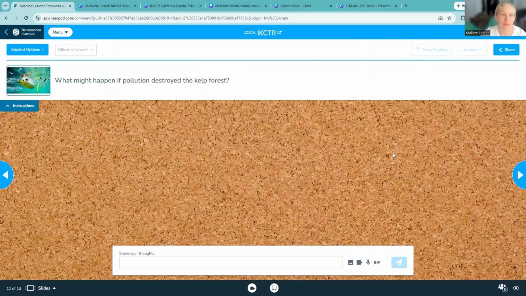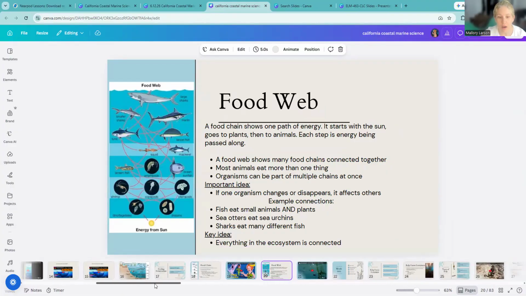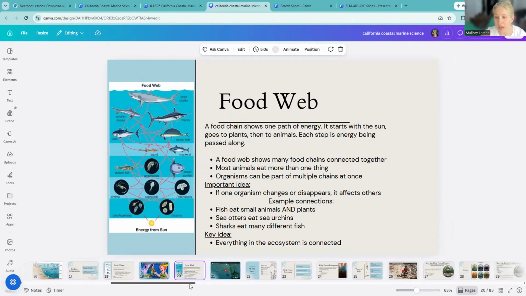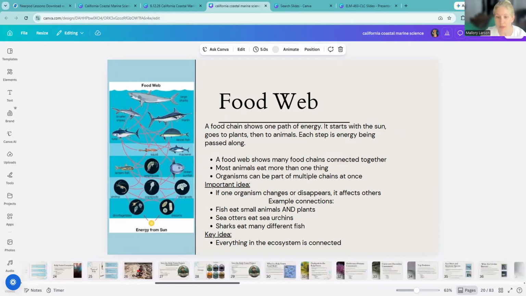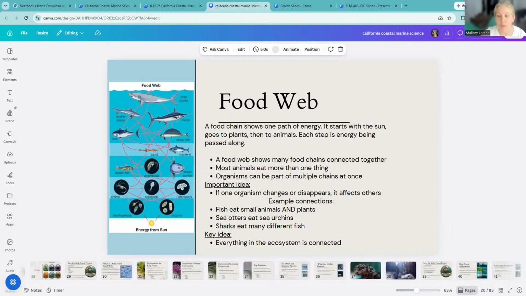Then we are going to move forward into what happens if pollution destroys our kelp forest. This is going to be a review on our ecosystems and food chains of if we take something out, what is going to happen, as well as going into our lesson from week 2.